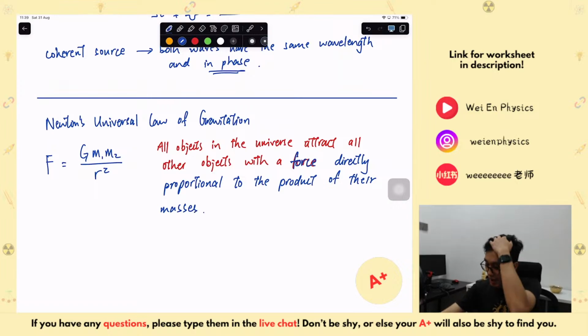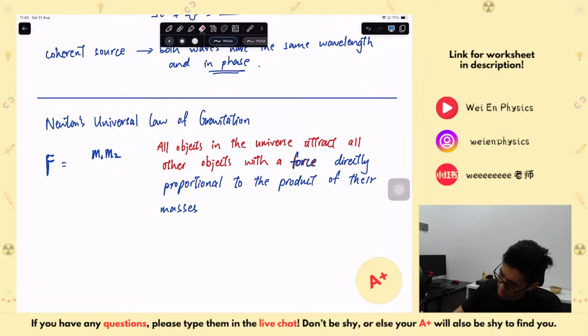What's the meaning of that? We are saying that force is directly proportional to m1 and m2. Force is directly proportional to m1 and m2. Let me just change this color.